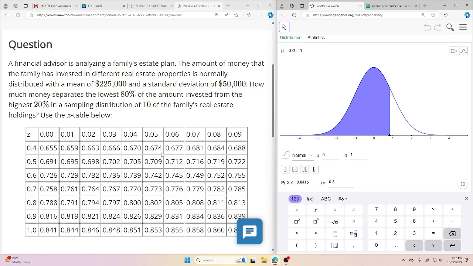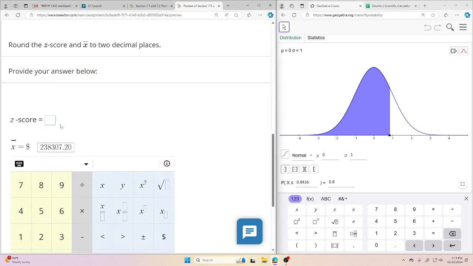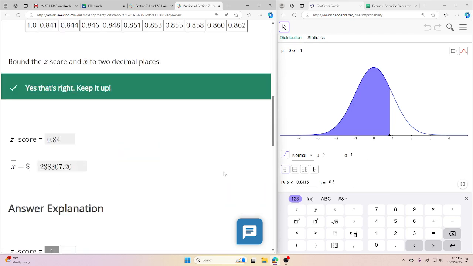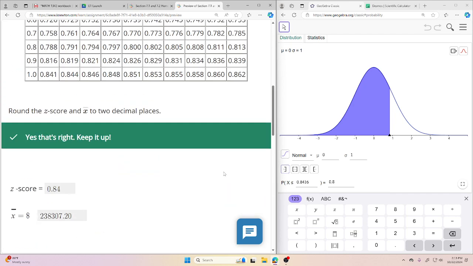And that's it. So whatever score they give you, 0.88419. Again, 2 decimals. There we go. So again, for the z-score, just refresh the page, start over with 0 and 1. They don't always ask for the z-score, but when they do, now I know.